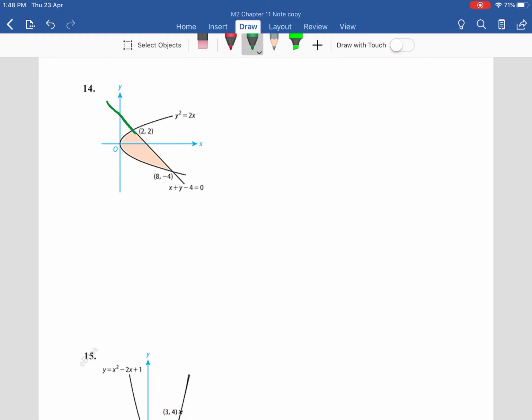And next question, again, I call this the green line. This is the red curve.